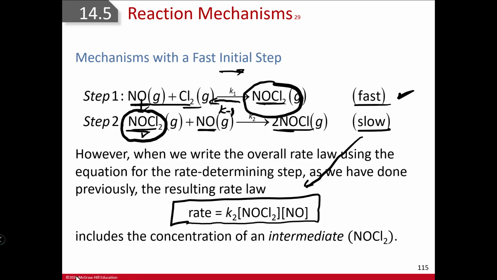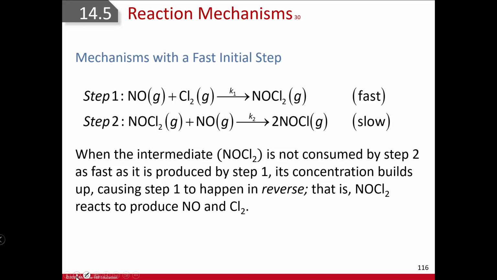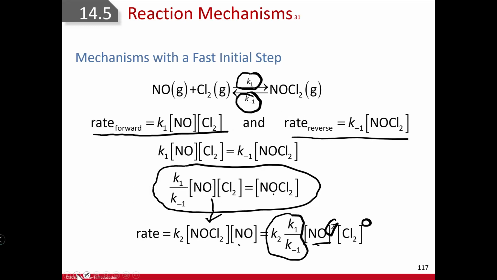So the forward reaction is this, for the fast step, and the reverse reaction is that. We assume the rates are the same, forward and reverse. That's how we're able to set this equal to that.